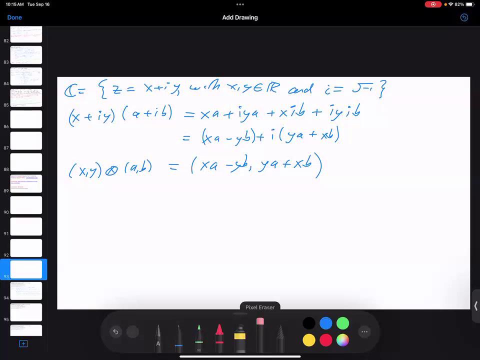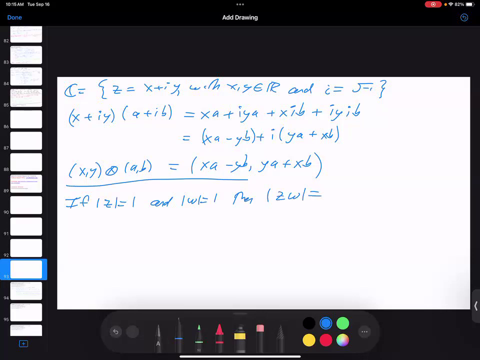If the absolute value of z equals 1 and the absolute value of w equals 1, then what's true about the absolute value of zw? I take a complex number of absolute value 1 and multiply by a complex number of absolute value 1.